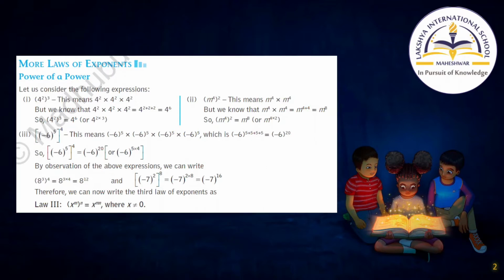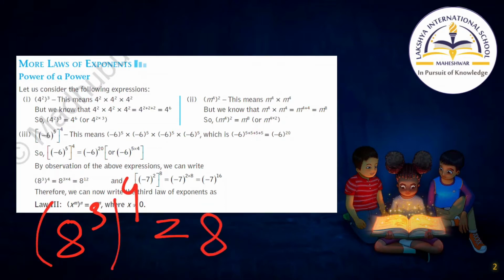We will see one question. Suppose we have 8 raised to the power 3, whole raised to the power 4. So 4 3s are 12. This you have to solve, which means you have to multiply the powers when they are in this manner.